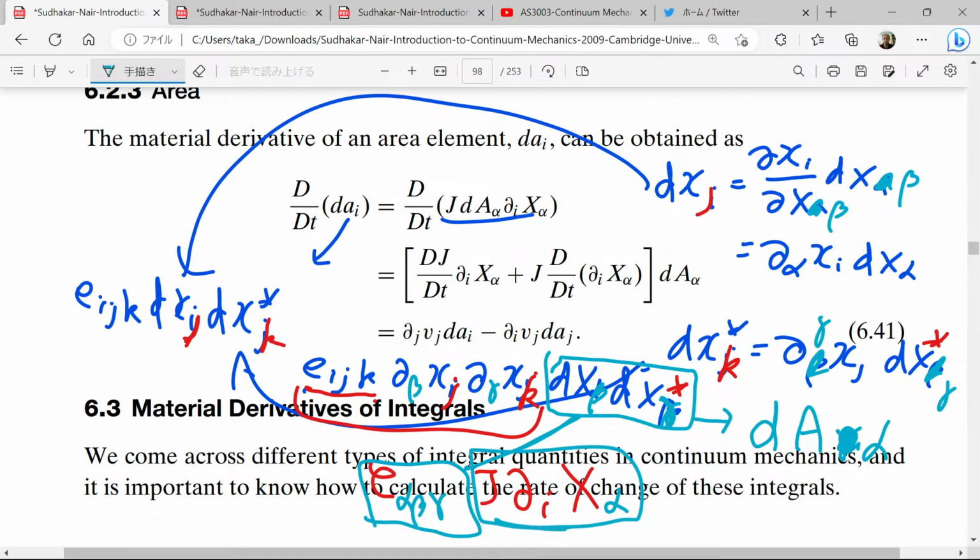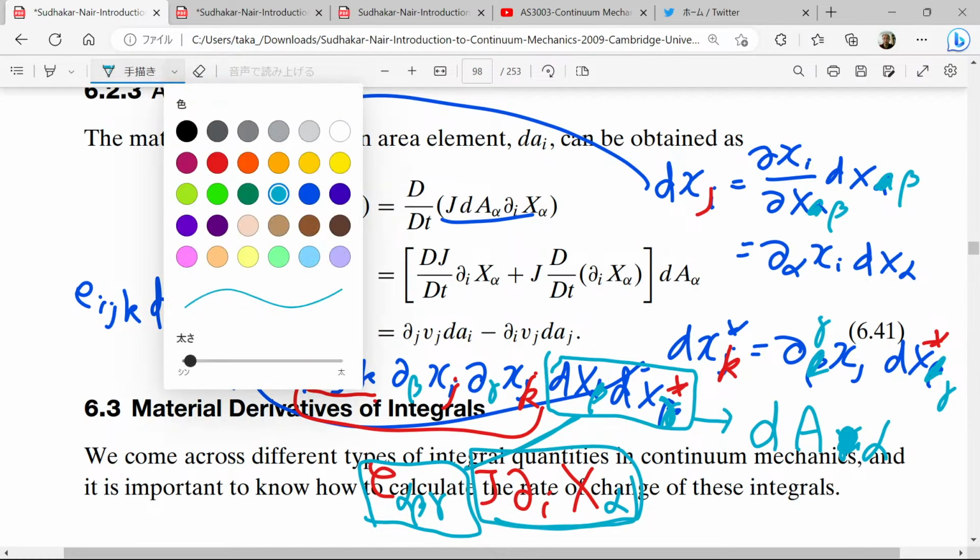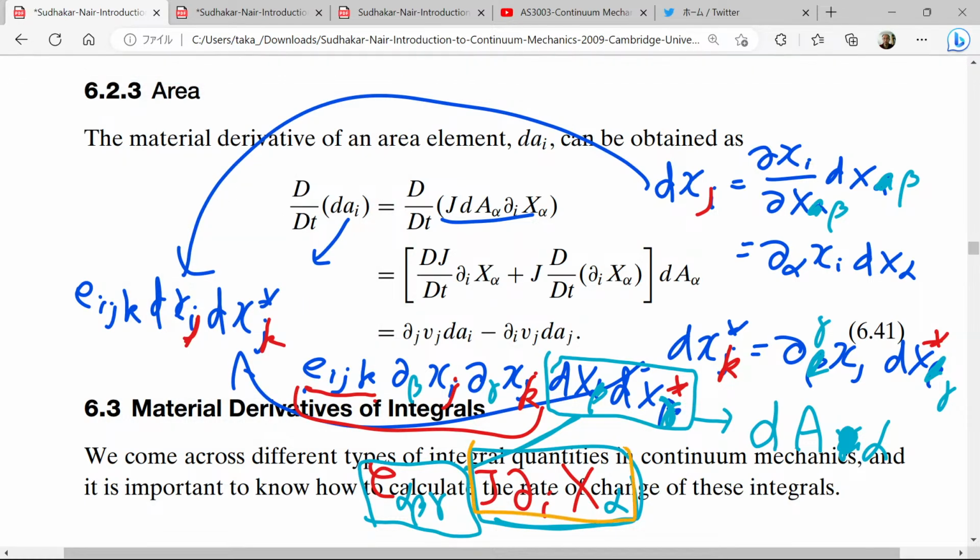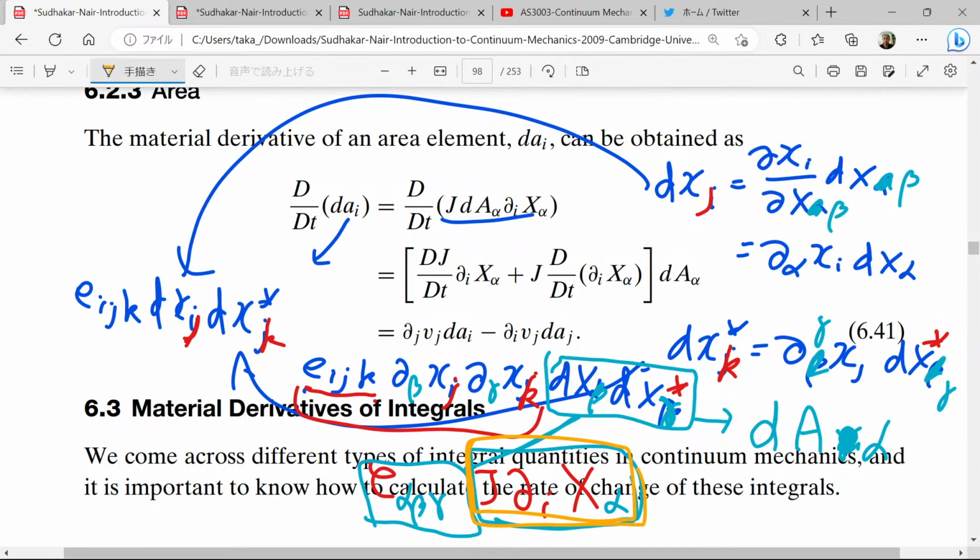This is something remaining. And then we have this dA. So we put this one combined. So we have J dA alpha partial i x alpha. So we got this.